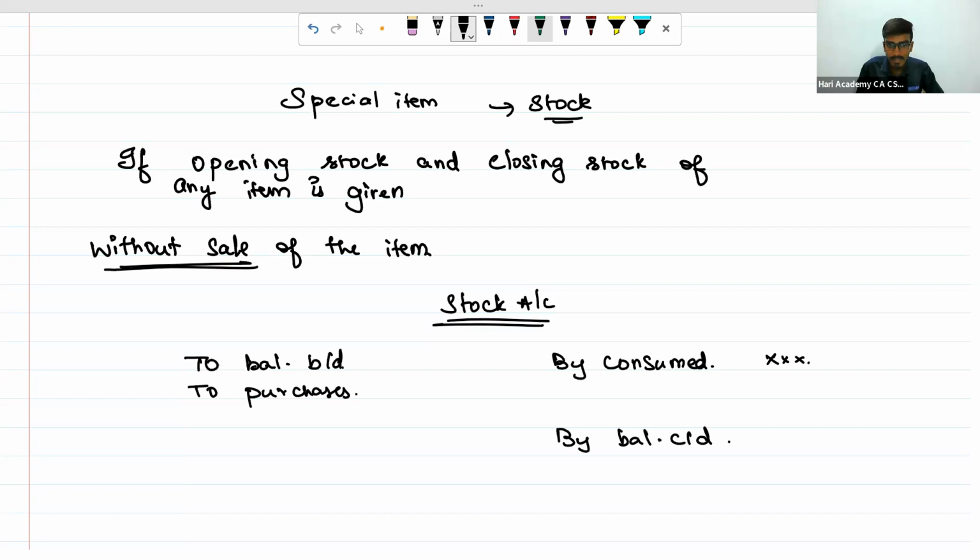This purchases value which we are going to find out should be transferred to income and expenditure account on the debit side.